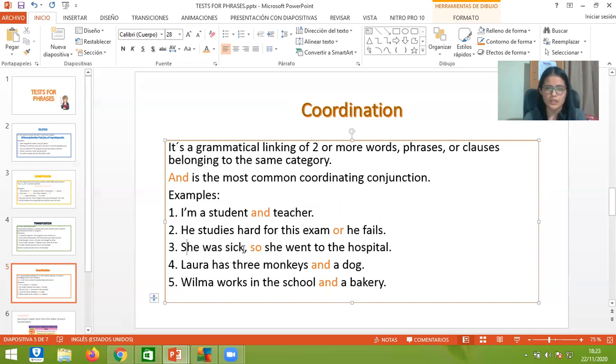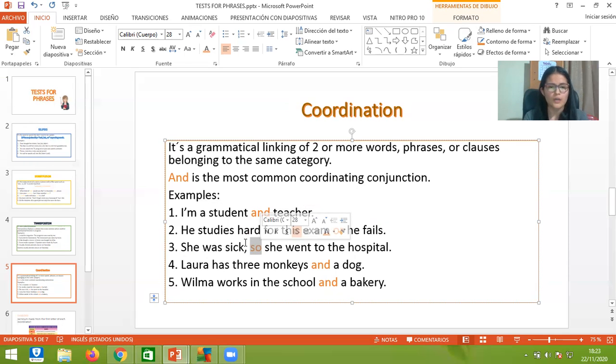She was sick, so she went to the hospital. In this case, we have two phrases, and we repeat the pronoun, she, but we add the word "so" to talk about the same grammatical sentences.